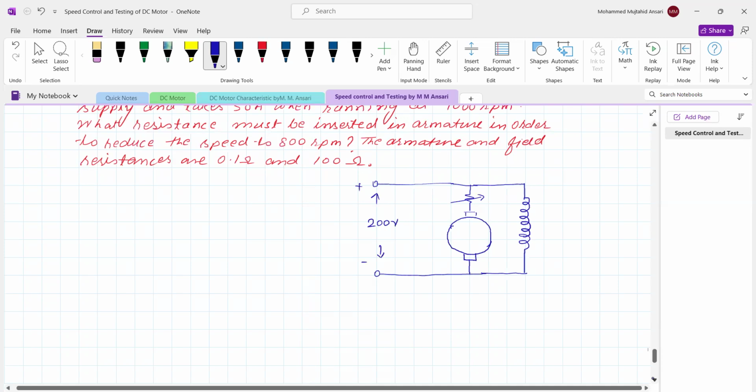Whereas the motor takes 50 ampere and is running, the speed in the initial condition is 1000 rpm, and we want to bring the speed down. N2 is equal to 800 rpm.